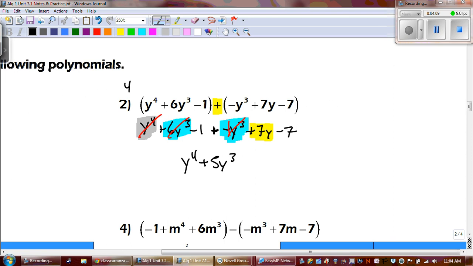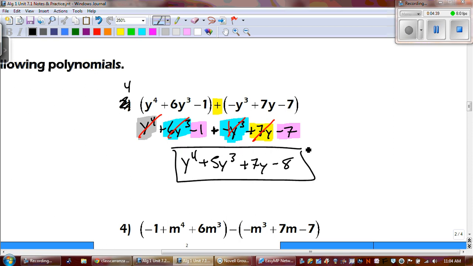I don't know if you're paying attention, but that's number 4. Sorry about that. Wonder if you guys were confused. So we got plus 7y, since it doesn't have a partner. And then the last thing would be the minus 1 and the minus 7, which gives us negative 8.